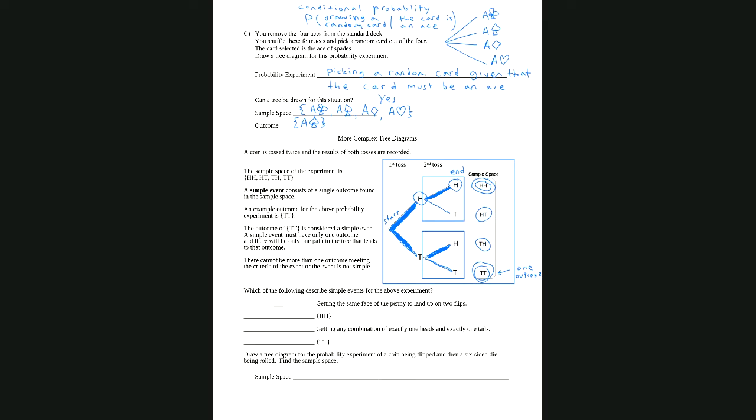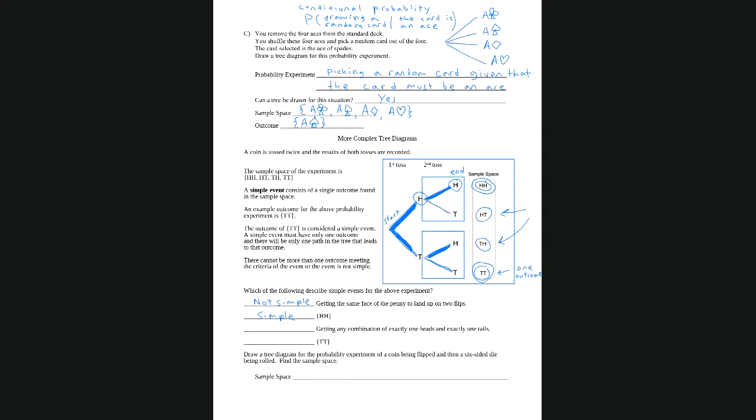So, there's 2 ways to do it. For that reason, it is not simple. But the particular outcome, heads, heads, is simple because it's more specific. What about the combination of exactly 1 heads and exactly 1 tails? Well, if we look at the tree, there are actually 2 ways for that to happen. You could get heads on the first flip, tails on the second.